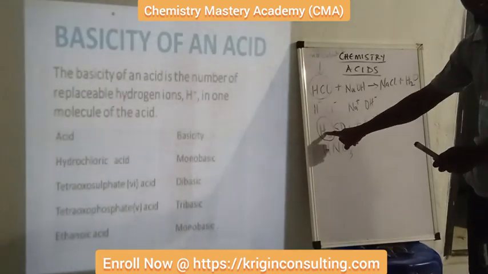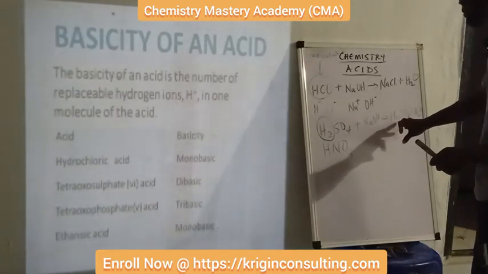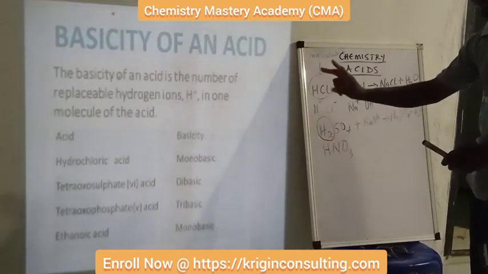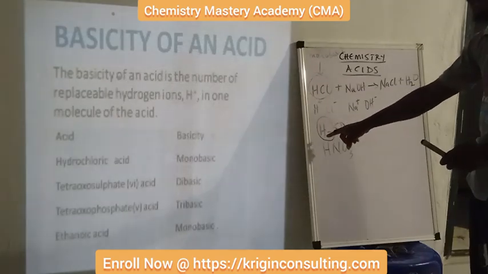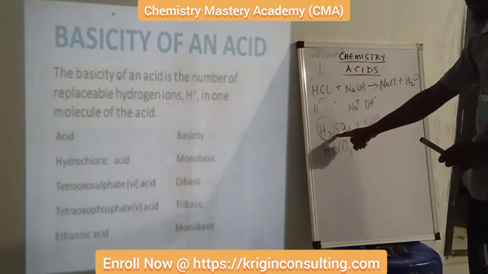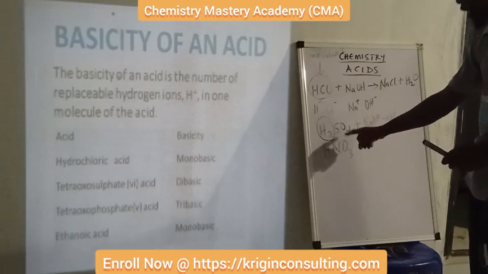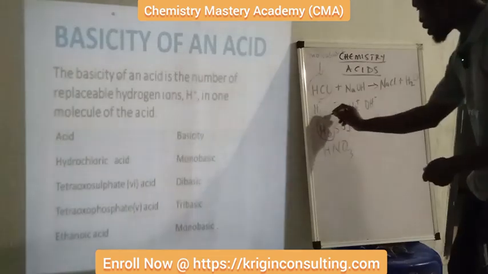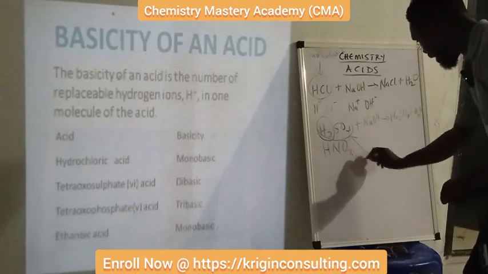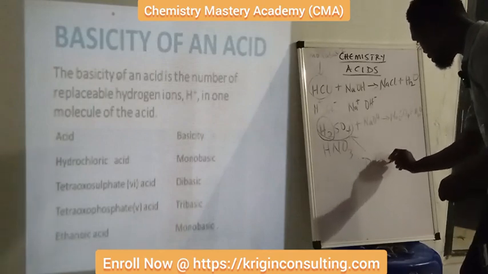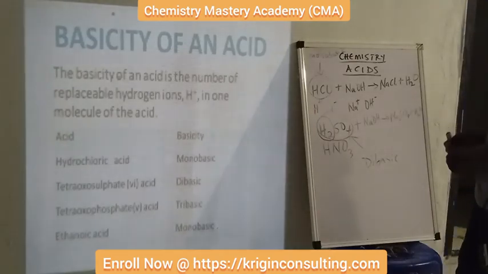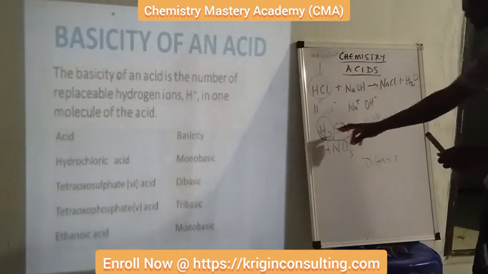Remember, it's two hydrogen that we have here. So Na took the place of that hydrogen. So how many hydrogen do you have here? Two, right? So it means that two hydrogen were replaced based on what we have in the product, comparing it to the reactant. So H2SO4 is dibasic. The basicity of H2SO4 is dibasic.